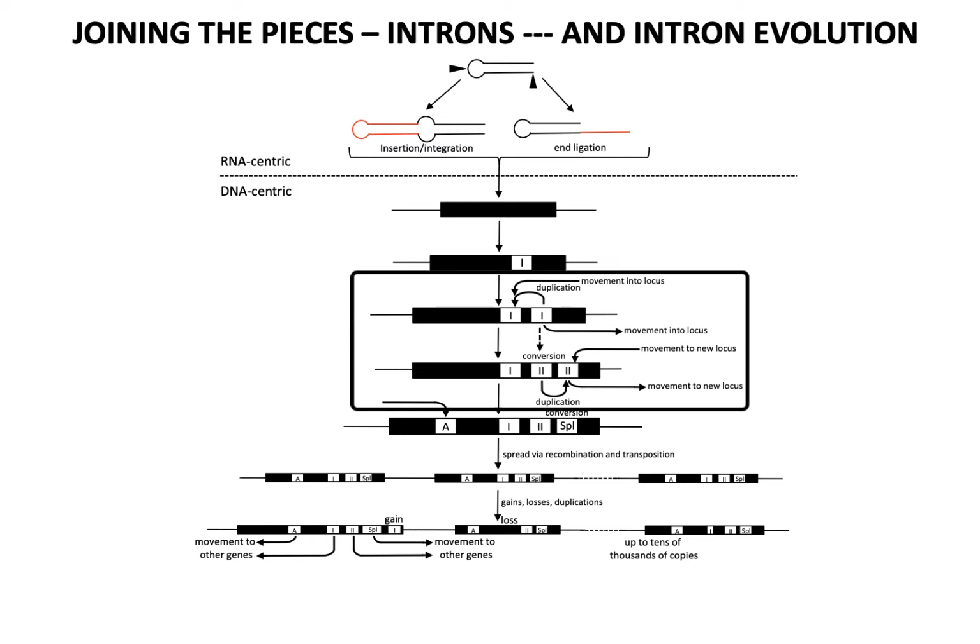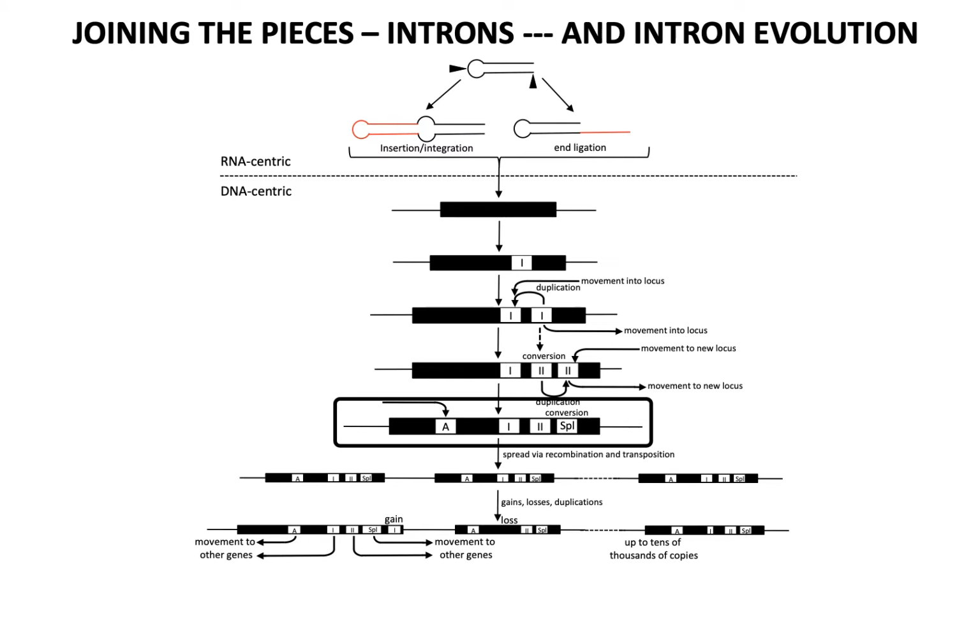So group 1 introns move around like a transposon using an endonuclease, and group 2s move around primarily by reverse transcription, more like a retrotransposon. Eventually you have some of these that are somewhat defective group 2s, and they become the spliceosomal introns.